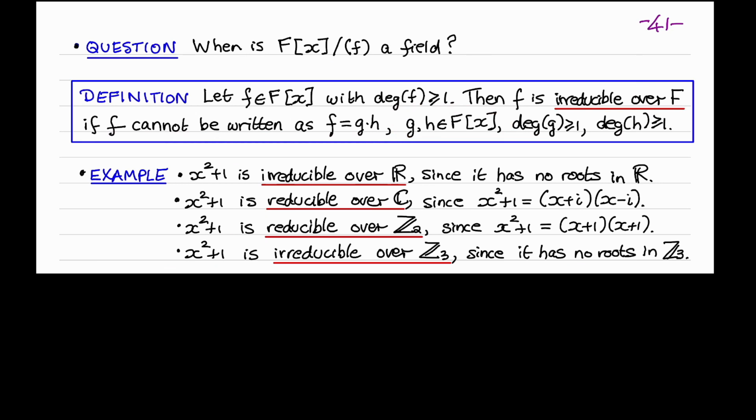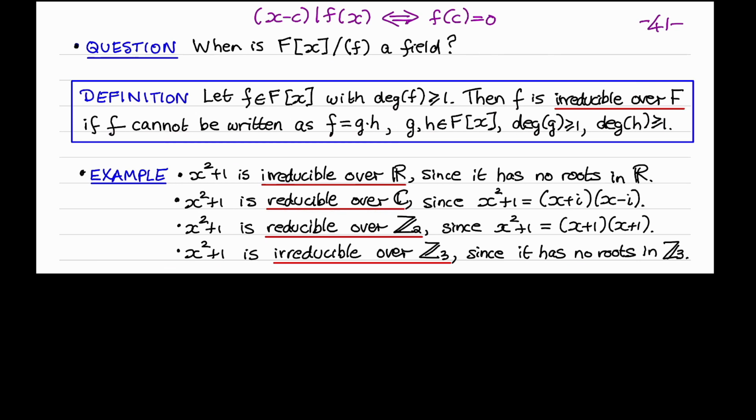The polynomial x squared plus 1 is irreducible over the field of real numbers, since it has no real roots. I'm using here a theorem called the factor theorem, which states that a linear polynomial x minus c divides little f of x if and only if c is a root of f. On the other hand, x squared plus 1 is reducible over the field of complex numbers.